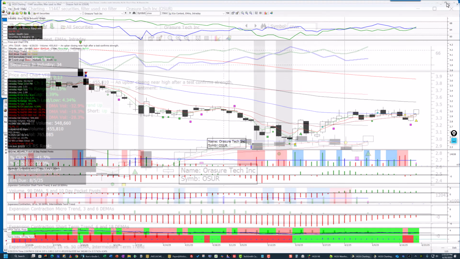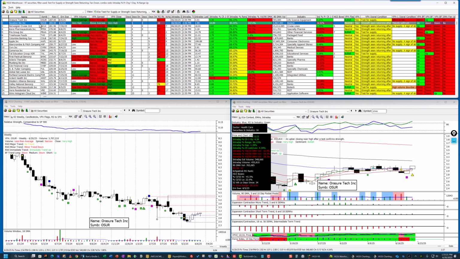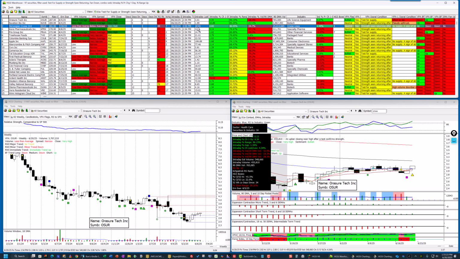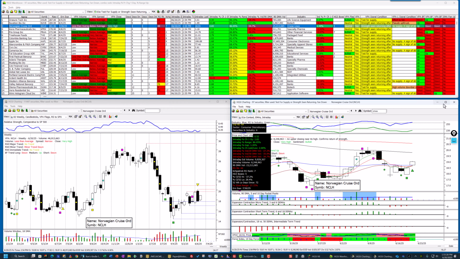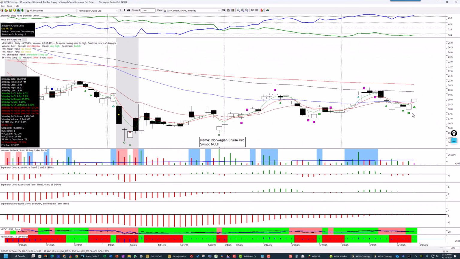Let's look at Norwegian Cruise Lines. Okay, so here is strength seen returning after a downtrend. Here's a confirmation of that strength today. This is the signal we're looking at, though, because it was from yesterday.